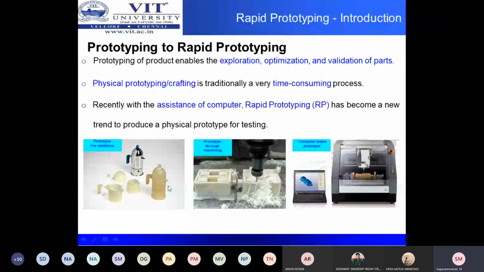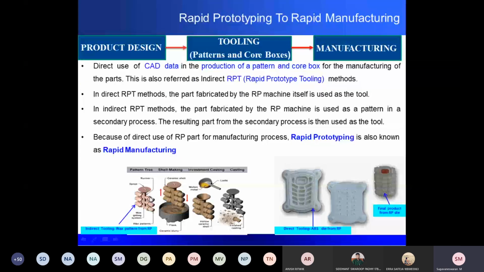But in this case, it is used in manufacturing itself. Though it is a prototype, it is used in the manufacturing process itself. So the name rapid prototyping became rapid manufacturing. That is what our subject name is, rapid manufacturing.